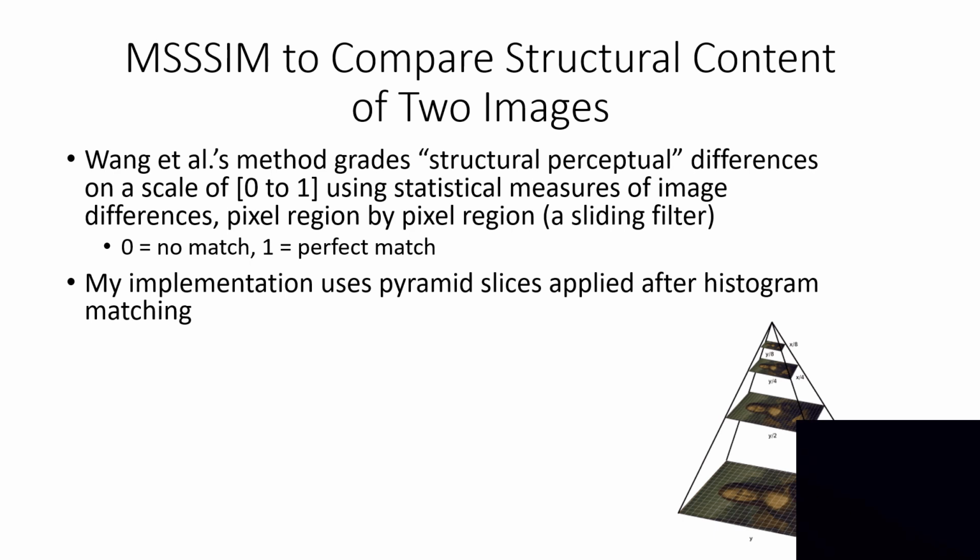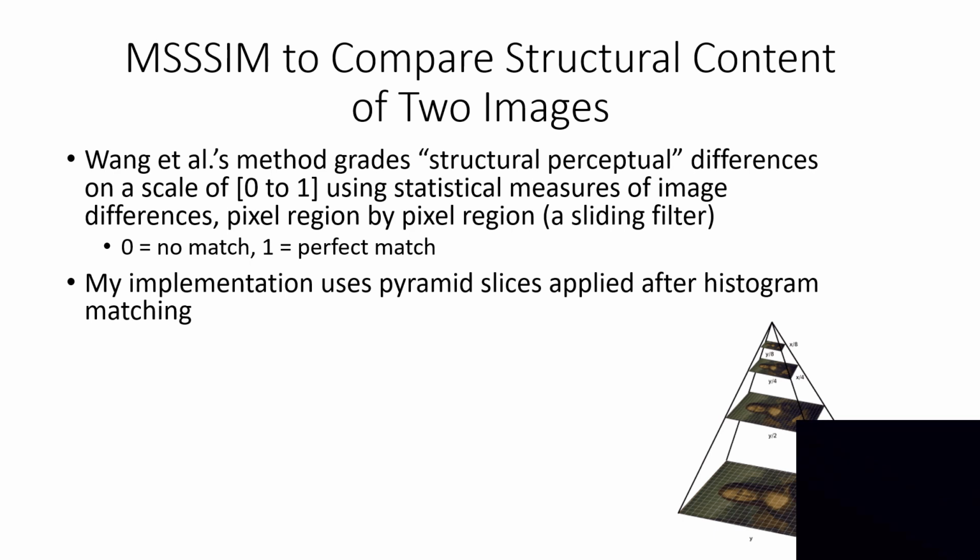It actually does this by measuring about an 11 by 11 pixel range and saying how much that square group of pixels resembles the pixels in the other image, and then assigning that value to the center pixel, sliding over one, measuring again, sliding over one, and so on until it covers the entire image.